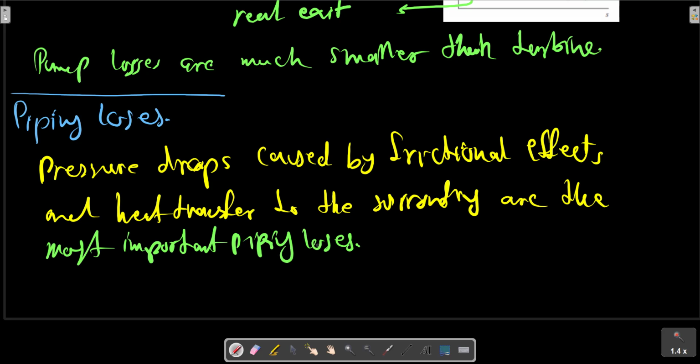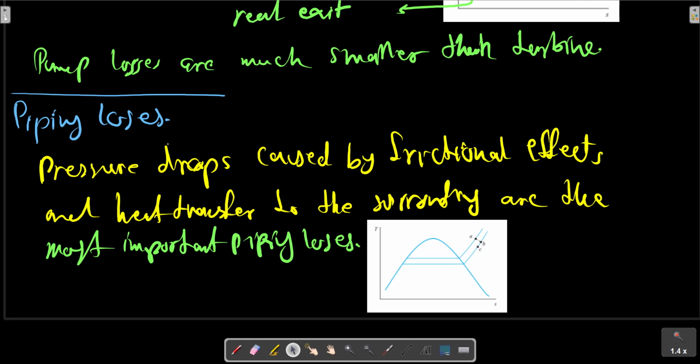Consider, for example, the piping connecting the turbine to the boiler. If only frictional effect occurs, we go from state A to B prime in this picture. The states A and B would represent the state of the steam leaving the boiler and entering the turbine.